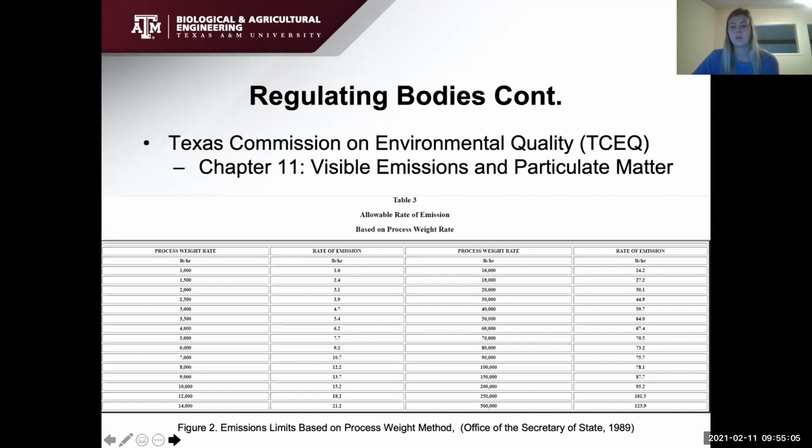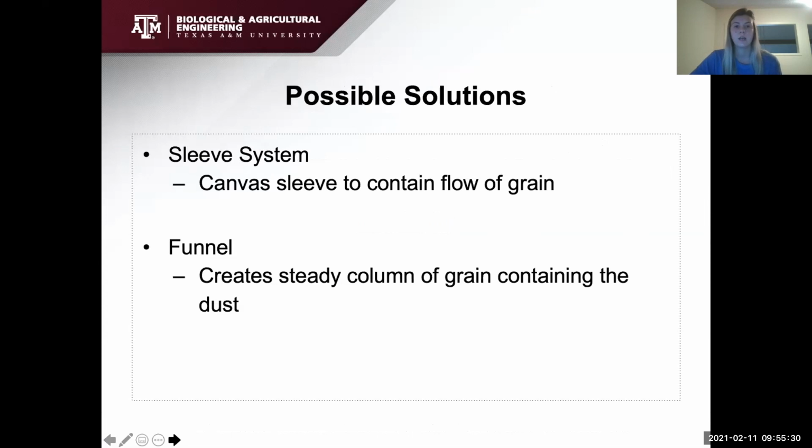And this is something we're going to be closely following from the TCEQ, as far as knowing how much grain is dumped, in pounds per hour, and how much dust emissions are allowed, with the rate of emission also being pounds per hour. So this is probably one of the bigger things we have to follow along with. Going forward from here, Ian McDonald is going to talk to you about some of the possible solutions that our team is going to look into.